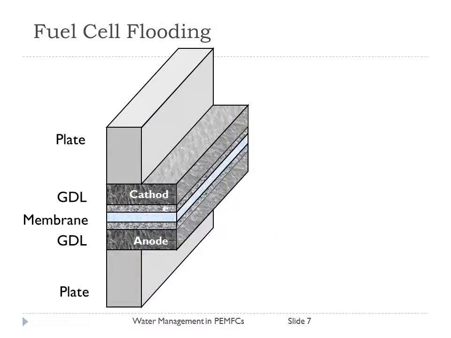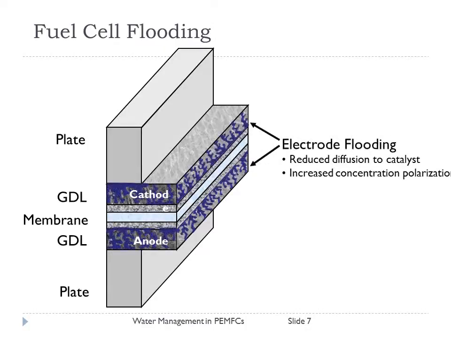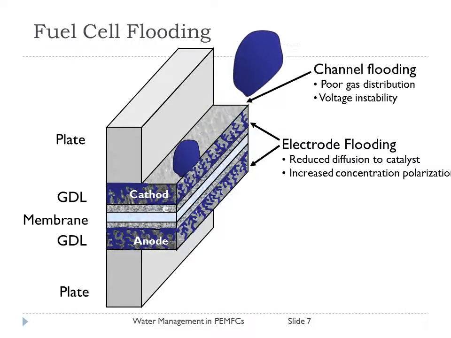So now we're going to watch a little bit of what happens with fuel cell flooding. The first thing that happens is the membrane itself is, let's say, a little bit dry, and as you start running some current through, you start producing some water, and the first thing that will happen is that the electrodes themselves will start flooding.